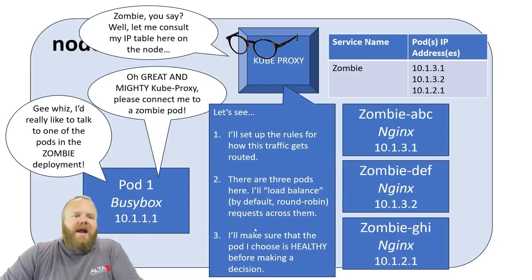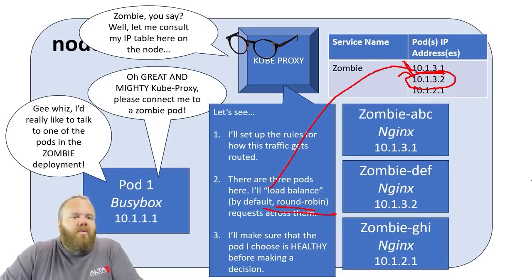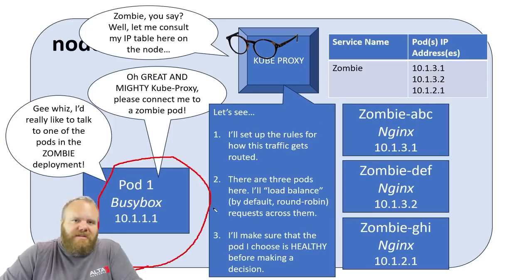And what will wind up happening is that it will use a round robin approach by default: if the last time somebody came knocking on my door asking for a zombie pod I sent them to 1.3.1, this time I'm going to send them to 1.3.2. So it's kube-proxy that's ultimately making the decision which one of these 3 pods is going to be the one that winds up talking to BusyBox.